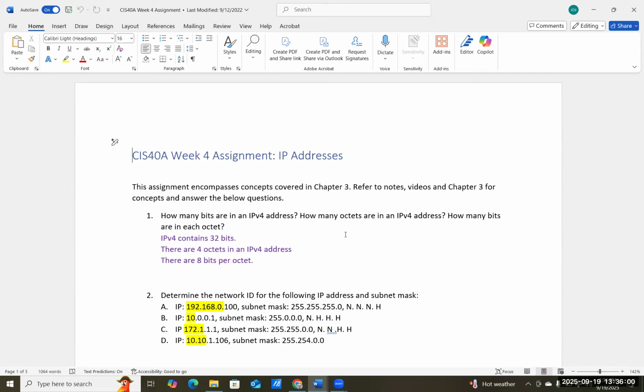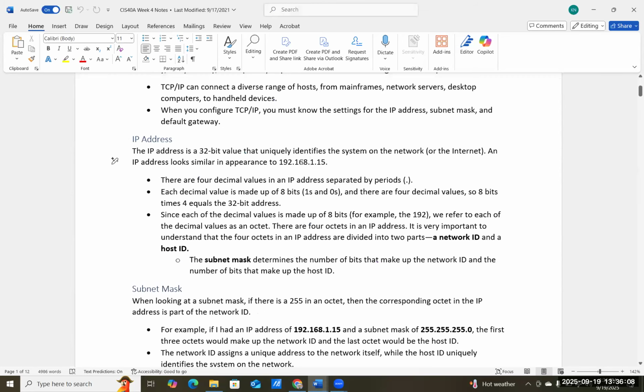Now, when you look at an IP address on your home systems, like what we've seen with the 192.168, this is a private IP address for that network. So inside the network, we can use different types of IP addresses that work with our network.